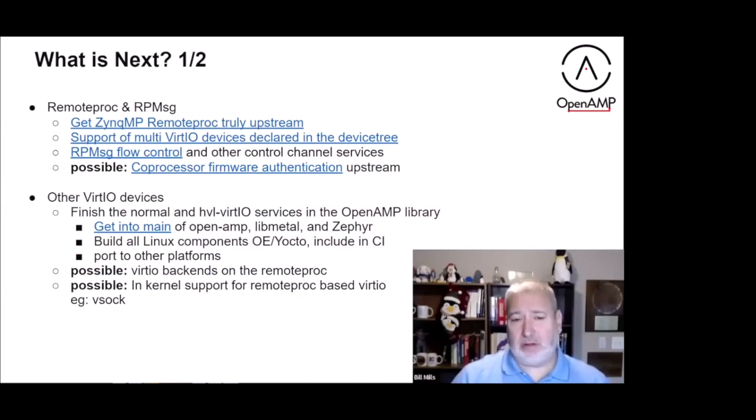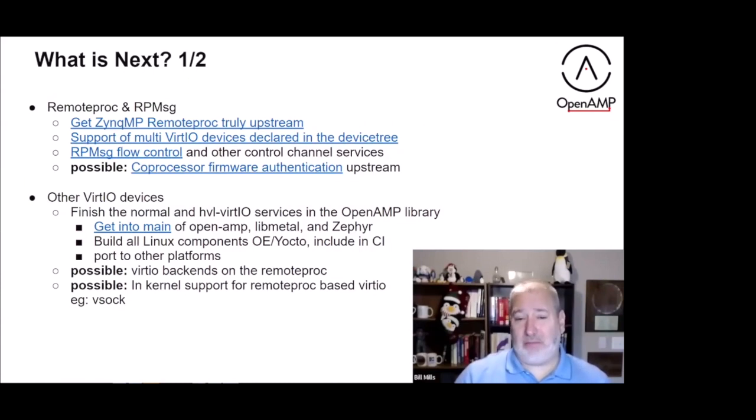Arnaud has patches on the mailing list to enable multiple VirtIO devices and to declare those VirtIO devices in Devicetree. Another feature that's coming along is RPMsg flow control. Qualcomm has published patches that enable this for G-Link, and Arnaud has followed that up with some work to do it for the VirtIO RPMsg.